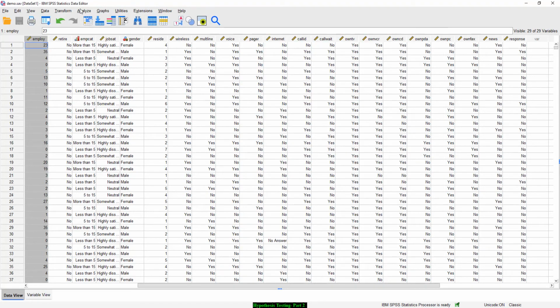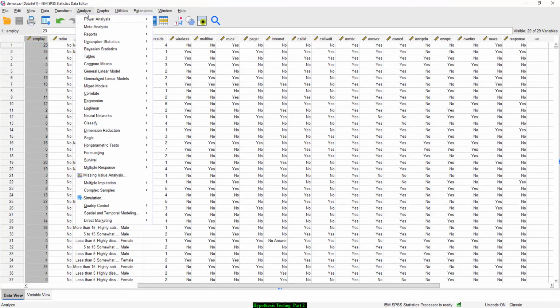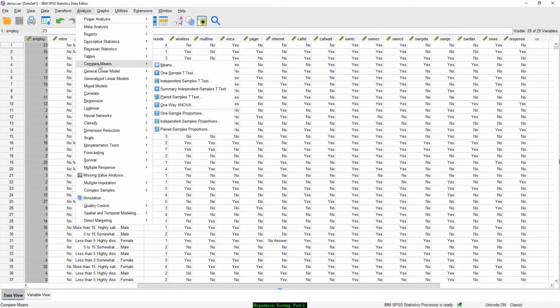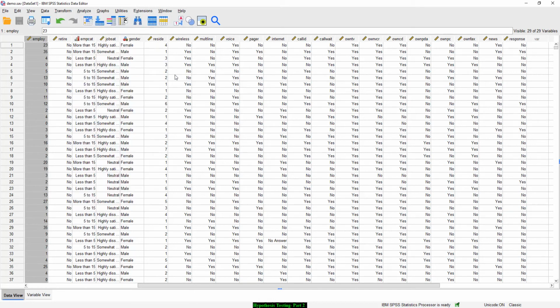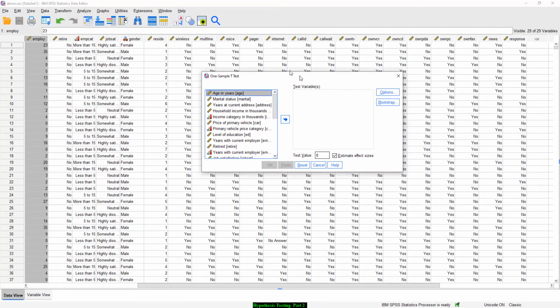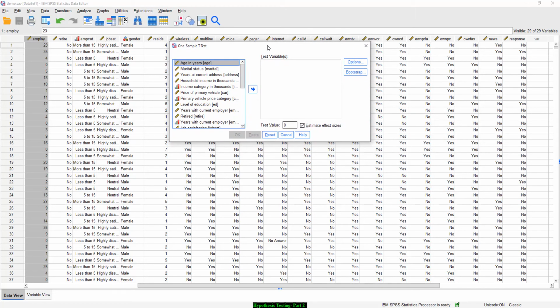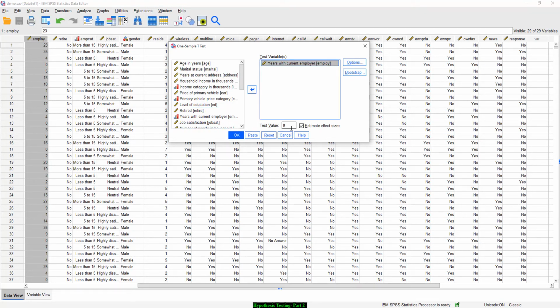What I can do is click Analyze, then Compare Means, and click One-Sample T Test. I put in years with current employer, which is employ, and my test value is 10.